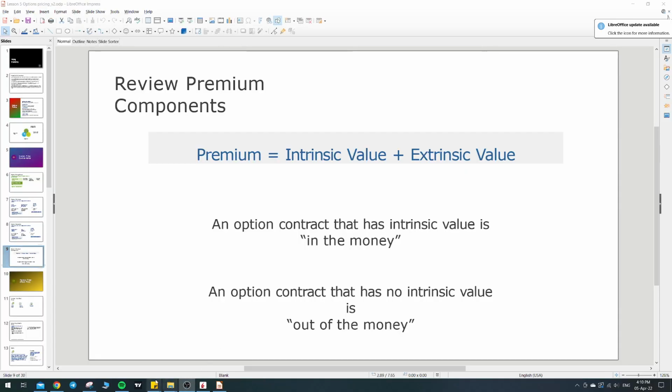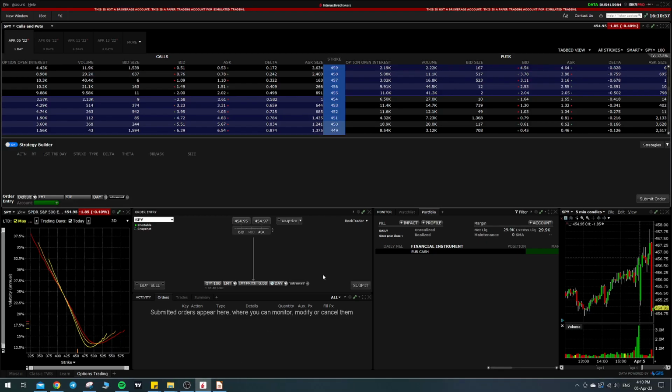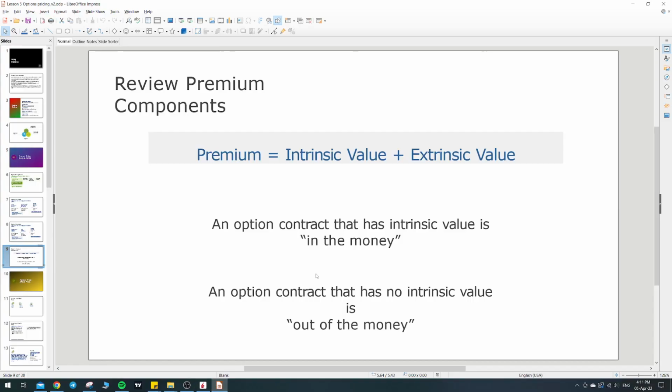Because the strike price that we have of 450 is already hit, because the current price is 455. So because we are in this position right now, we can consider that our trade is in the money and has an intrinsic value. If, for example, we would choose a call price of 456 and upwards, those would be out of the money and they would have no intrinsic value.